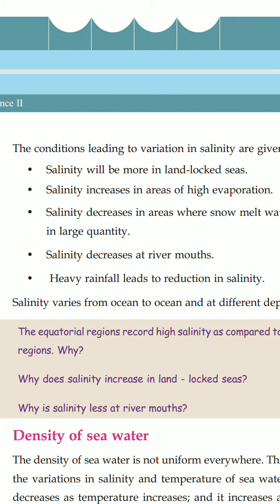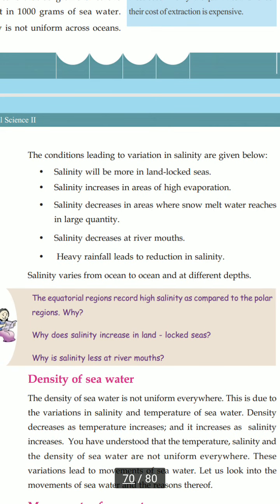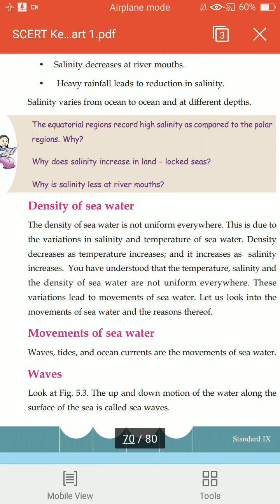So what happens if the land is locked? The water content will be very low, but the salt content will be very high. So the salinity increases. Why is salinity less at river mouths? I explained. When fresh water reaches the sea, the water content will be more and the salt content will be less.